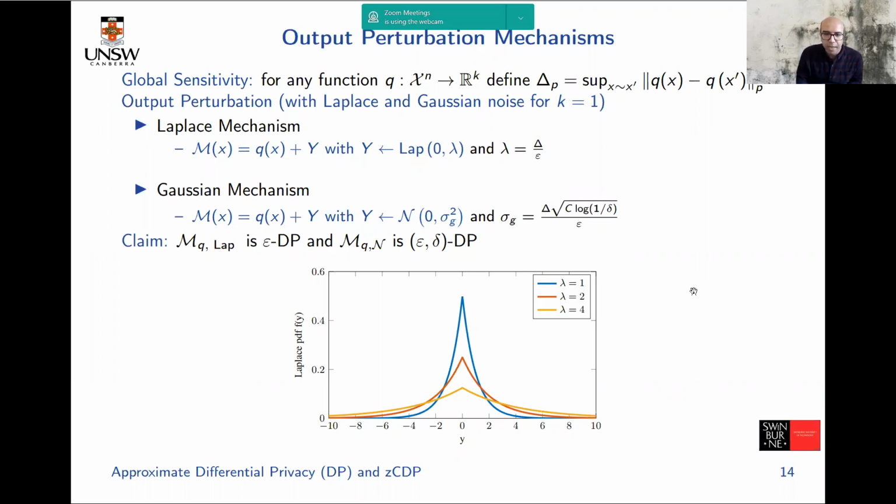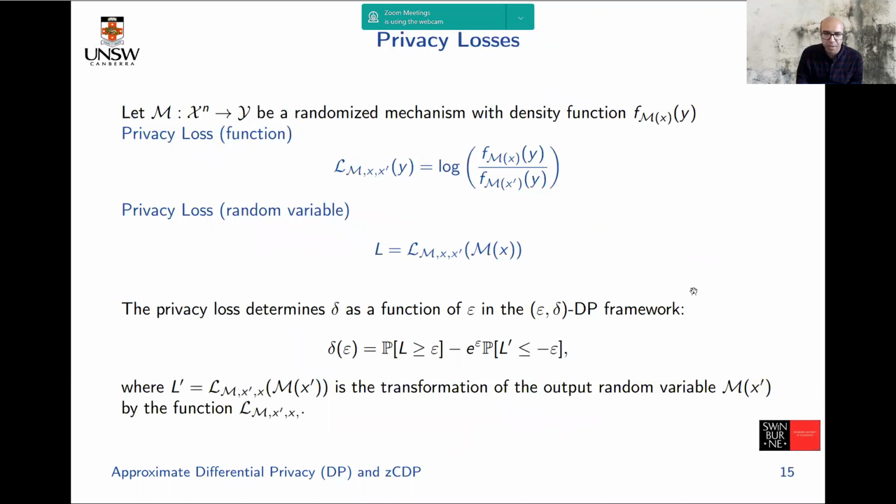Now, let's have a look at the privacy loss here. In order to find delta for approximate differential privacy, we can have the privacy loss function defined here. The privacy loss function is the logarithm of the ratio of the two PDFs of the randomized mechanism. And if you apply this on M(x) itself, we call it the privacy loss.